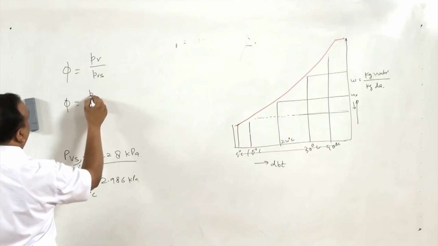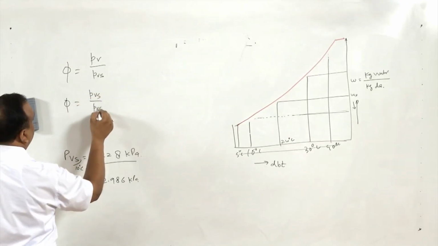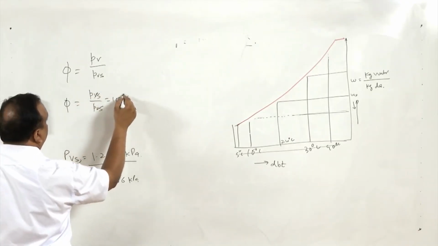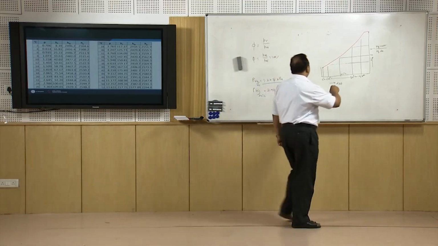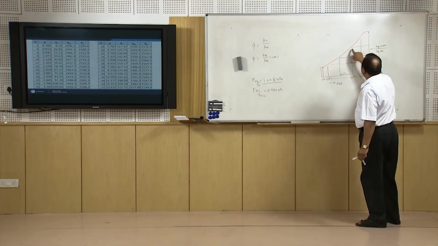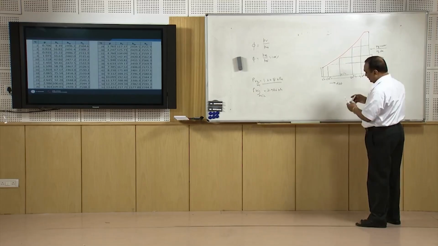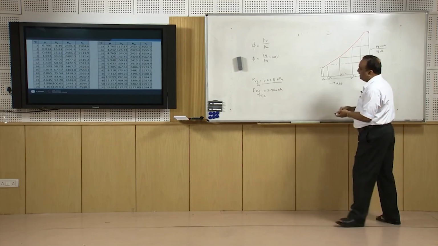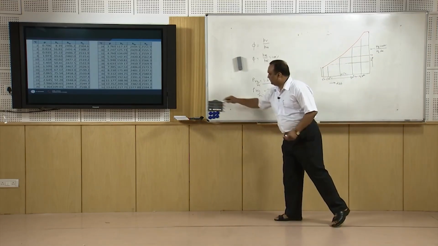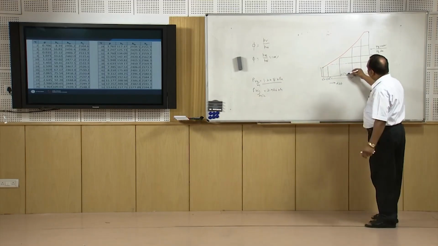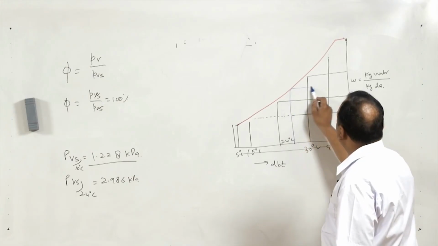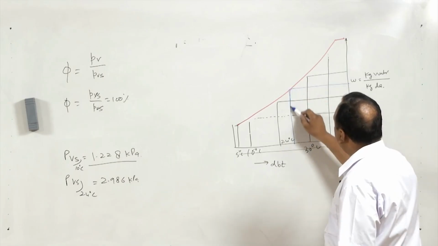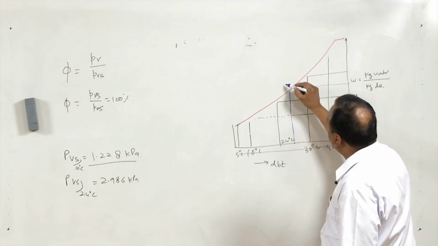So, phi is equal to PVS by PVS, which is 100%. That is why it is called the saturation line. At any intermediate point, for example this one, let us say 28 degrees centigrade, this is going to be the humidity ratio or specific humidity at 100% relative humidity. So, this is RH 100%.